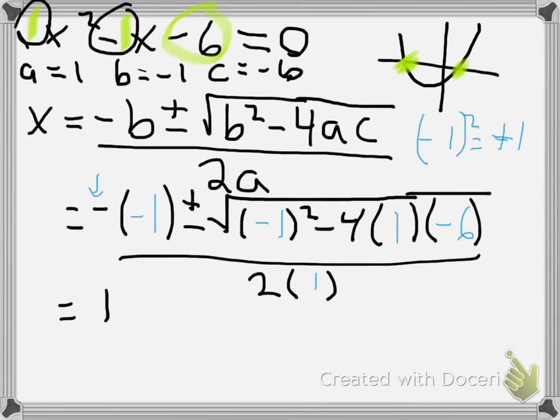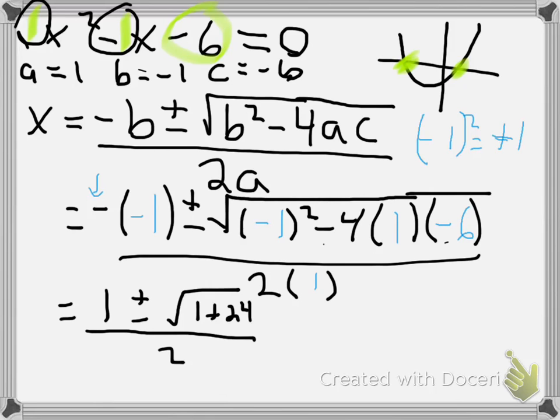We get 1 in the front, plus or minus the square root of 1, and a negative times a negative is a positive, and 4 times 1 times 6 is 24, all over 2.